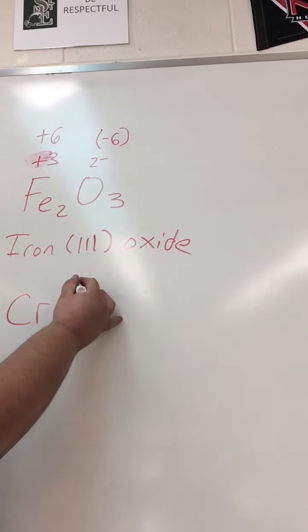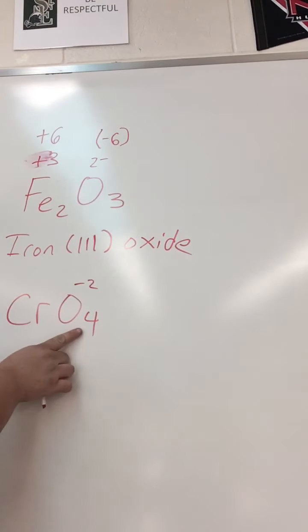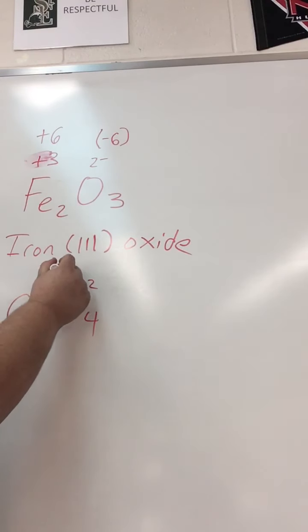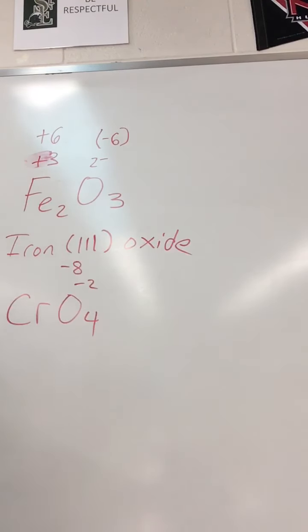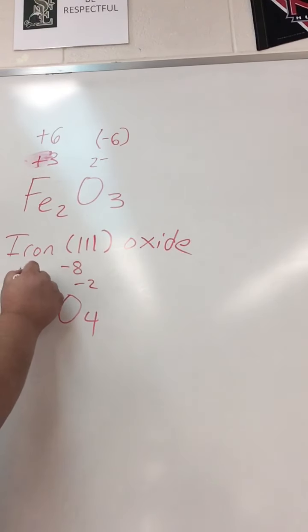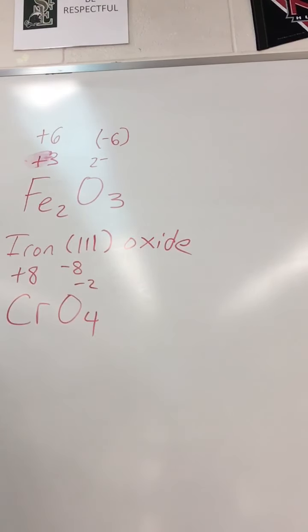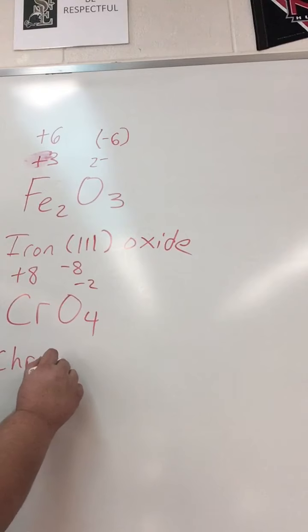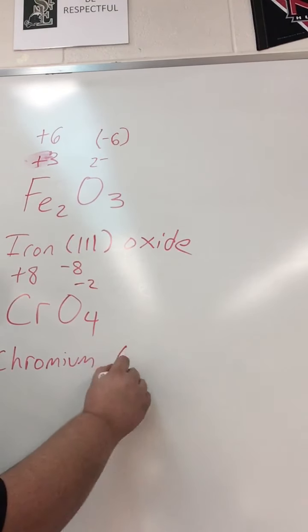Oxygen has a -2 charge, so if I have 4 oxygens at a -2 charge, oxygen must have a -8 component of the molecule. It must receive 8 electrons, essentially. Because oxygen is -8, chromium must be +8. So the name of this compound would be chromium 8 oxide.